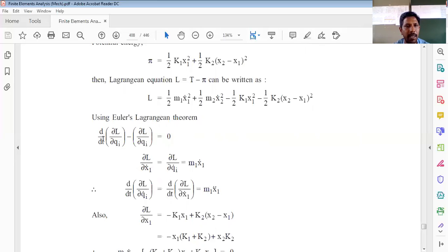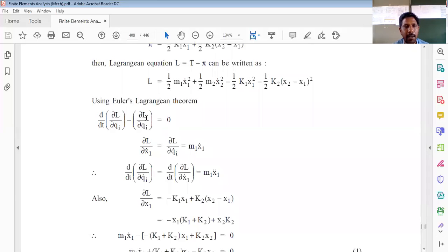I am interested in the first term of the Lagrangian equation, which is d by dt of dou L by dou Qi dot, where Qi dot is nothing but x1 dot. So the derivative of L with respect to x1 dot gives m1 x1 dot, and the rate of change of this gives m1 x1 double dot. This is the first term of the Euler-Lagrange equation.